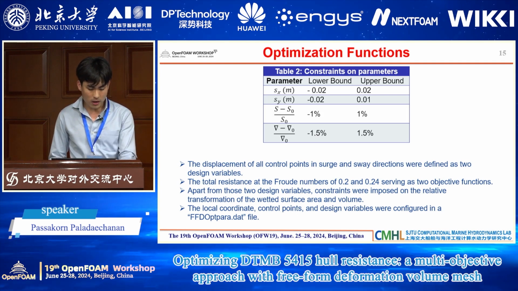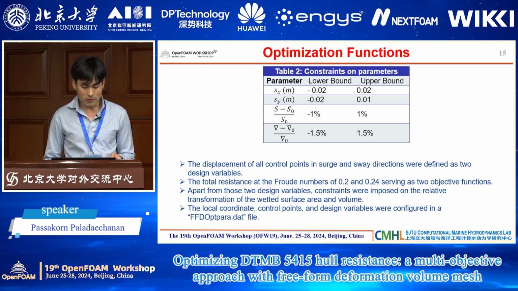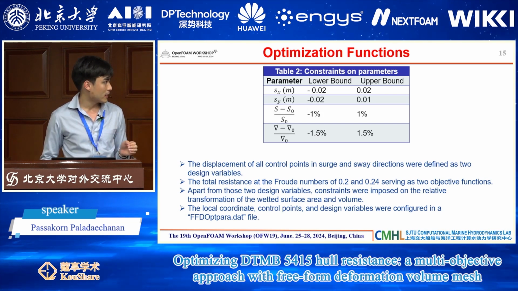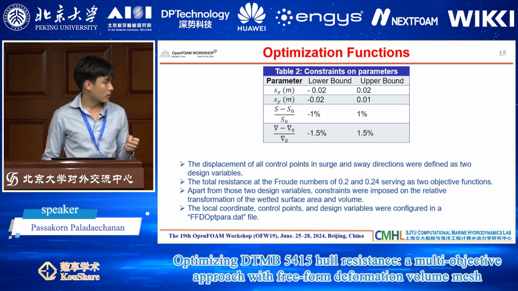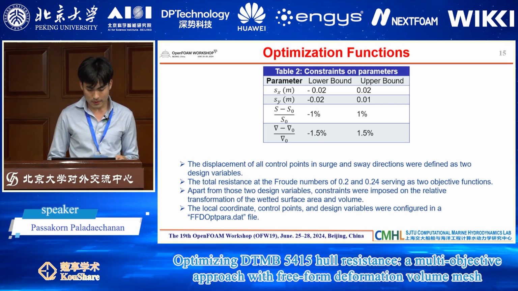After that, the local coordinate control points and design variables were configured into the FFD para.dat file, which will be used to calculate in the module that we present.